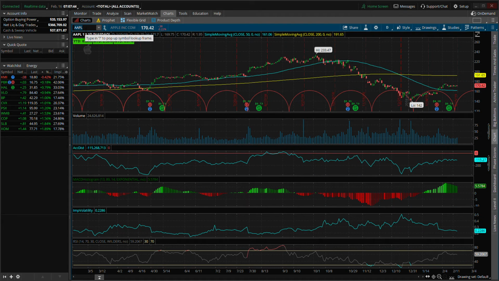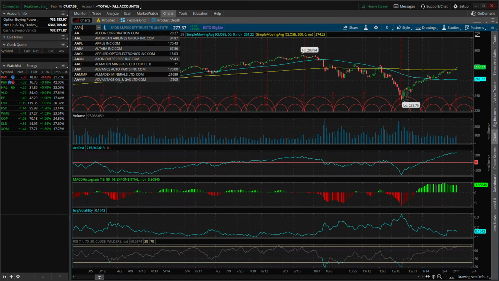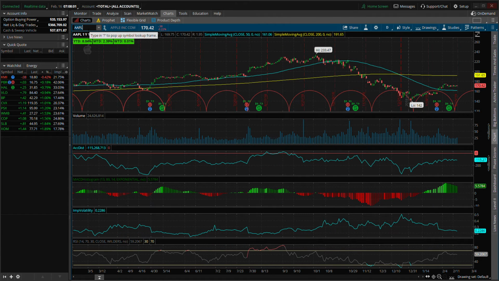So Apple is year to date up 8%. And that's in line with the S&P 500, SPY. SPY is 11% up, so Apple is still 3% behind. Usually both are correlated.